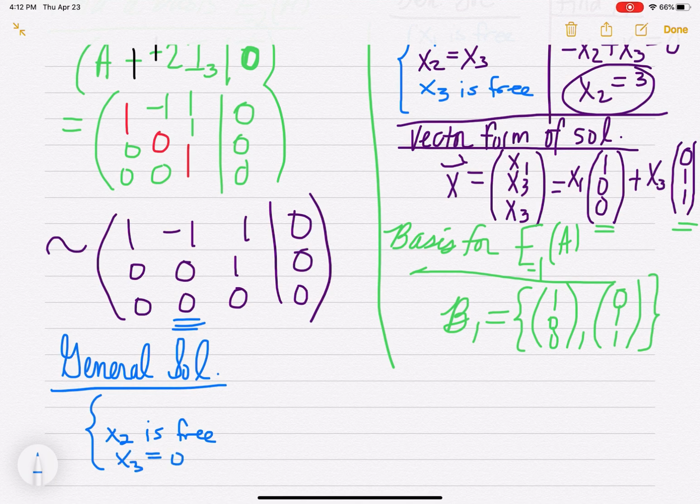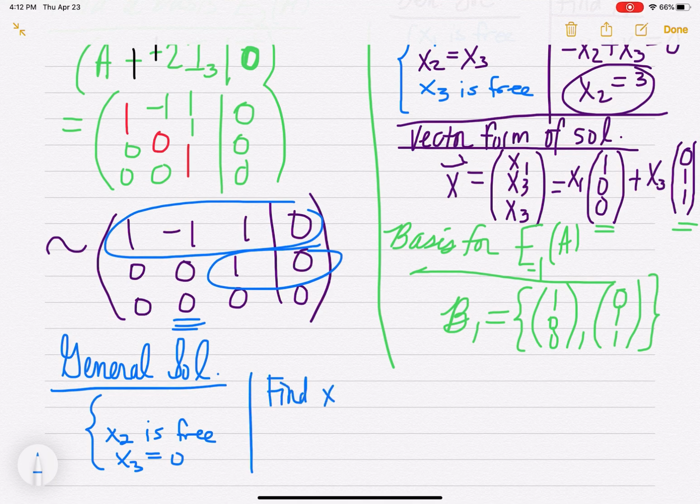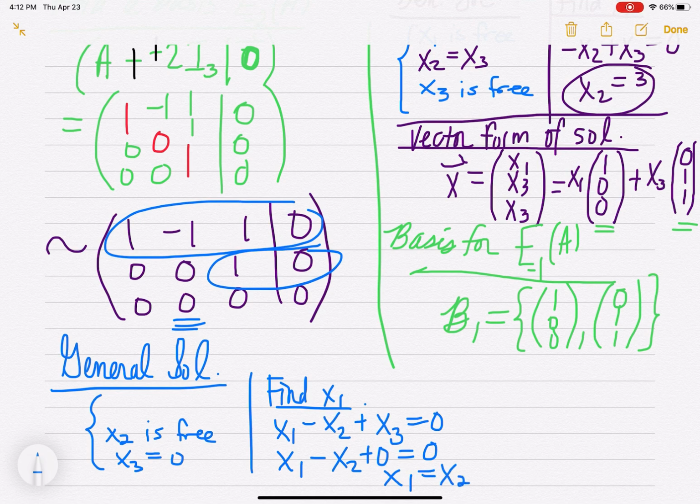If you take this last row right here, that's going to tell you x3 is 0. But this top one here, we've got to find x1, in terms of x2 and x3. It's x1 minus x2 plus x3 equals 0. Of course, we can plug in 0 in place of x3. But basically, what that's going to tell us is that x1 is equal to x2. So here, x1 equals x2.